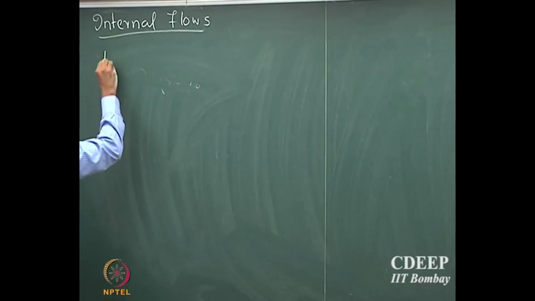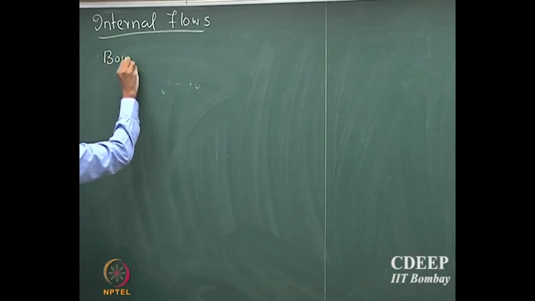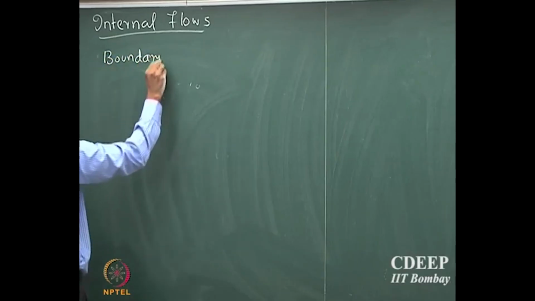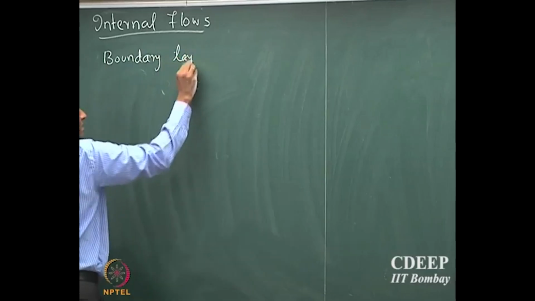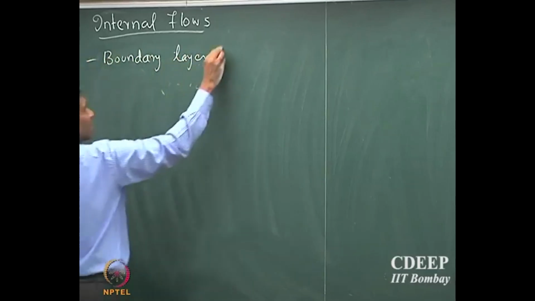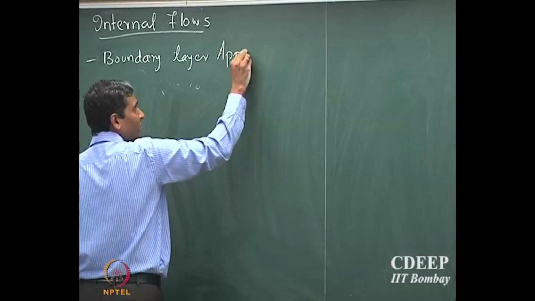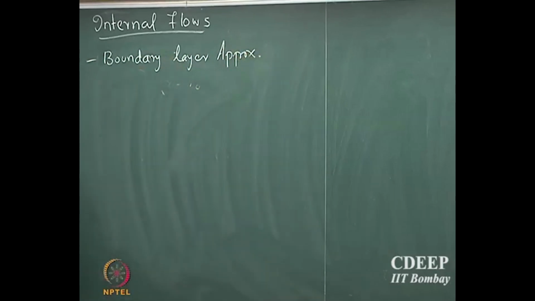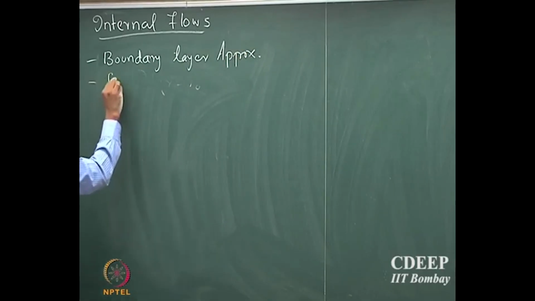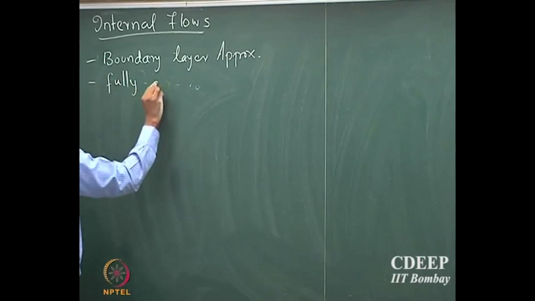Suppose we assume that the boundary layer approximations are valid for the fluid flowing through the tube, and that it is in the fully developed regime.